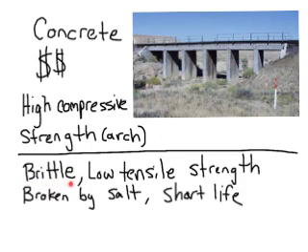It's also brittle, which means that if a high load were to come onto the concrete, or over time, as the strength deteriorates, when the concrete reaches its rupture or fracture point, it's just going to break. There will be no bending, there will be no forewarning, it will break.